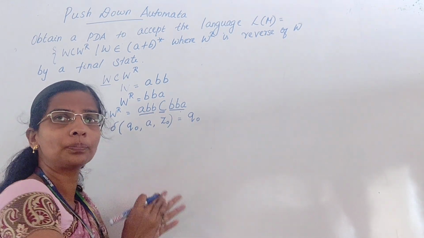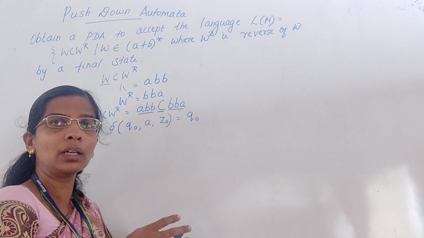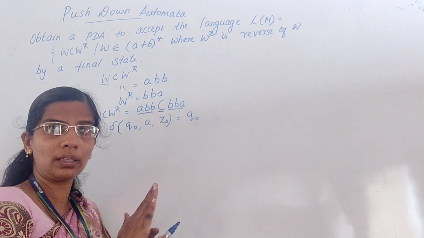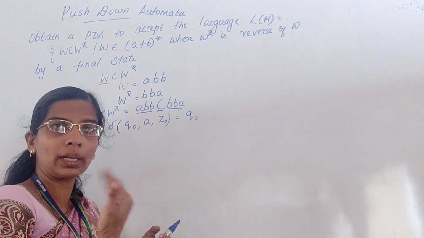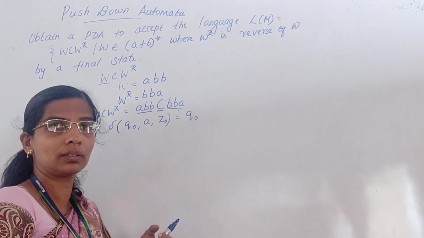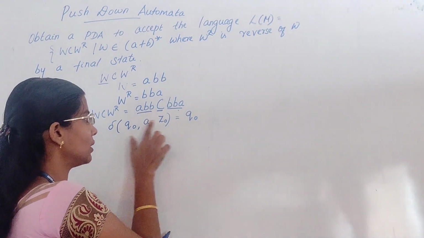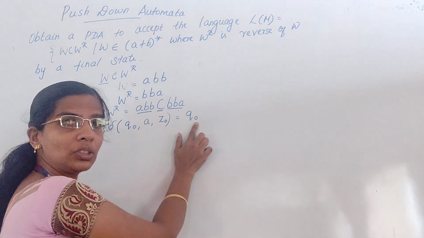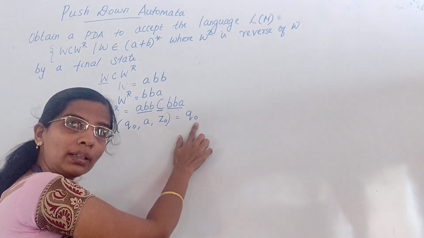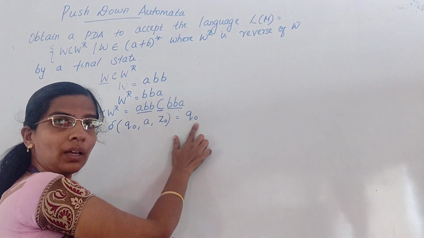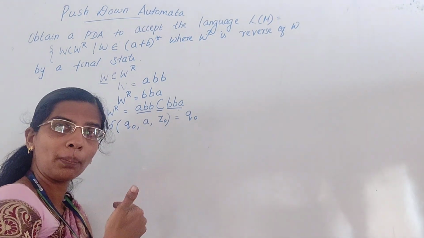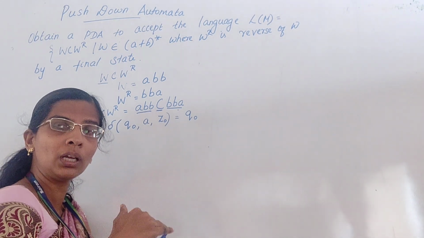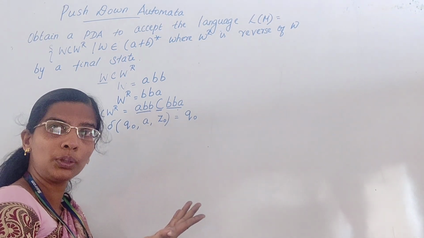Here in pushdown automata, for pushing you can keep one state, and for popping you can have a separate state. So in transition, I can have a state change or I can be in the same state. When you perform the same operation, be in the same state. When you go for a new operation, move to the new state.